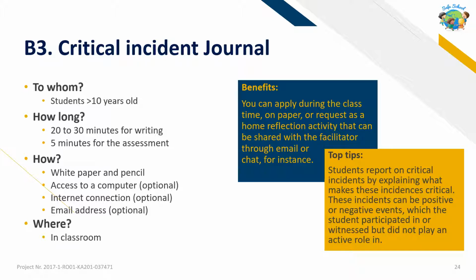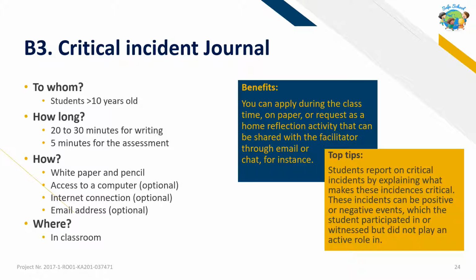Students must report on critical incidents by explaining what makes these incidents critical. These incidents can be positive or negative events which the student participated in or witnessed but did not play an active role.